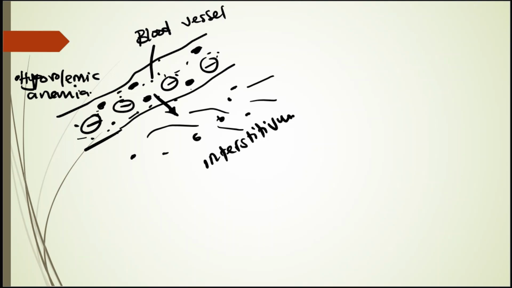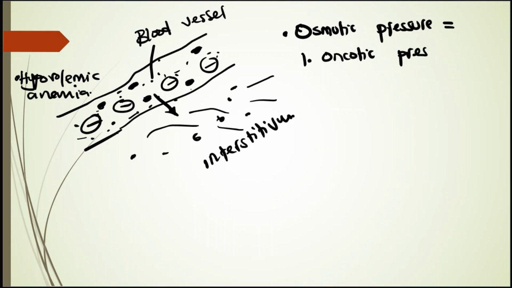Now, let me talk about osmotic pressure. Osmotic pressure is made up of two components. One component that we've talked about is the oncotic pressure that is provided by the albumin. The other one is what we call crystalloid osmotic pressure.